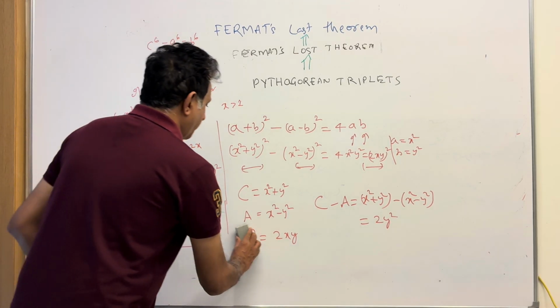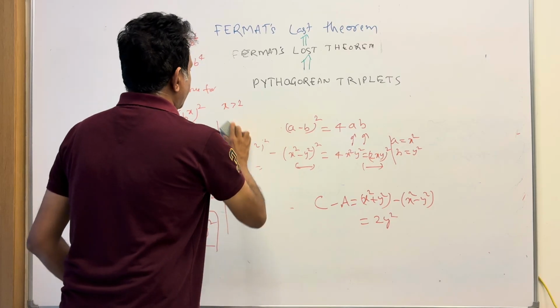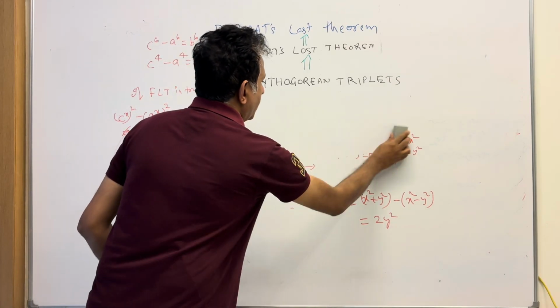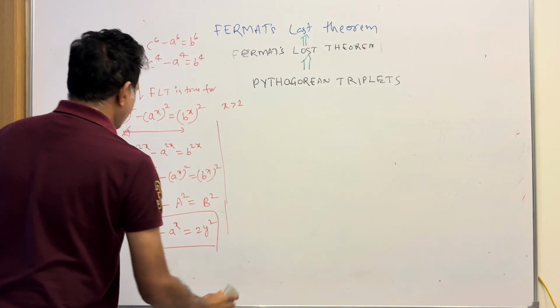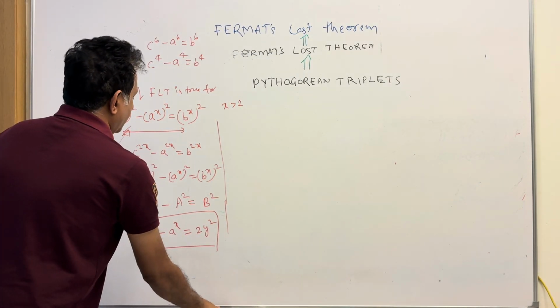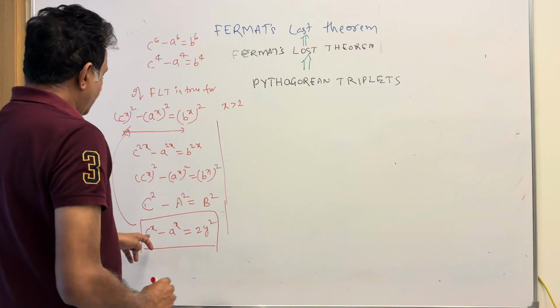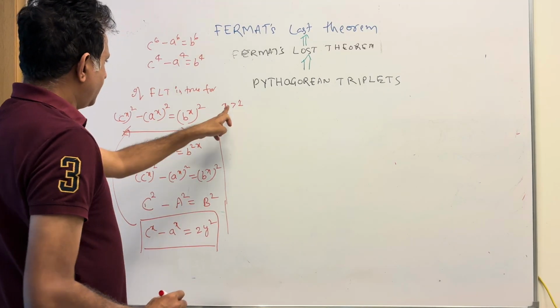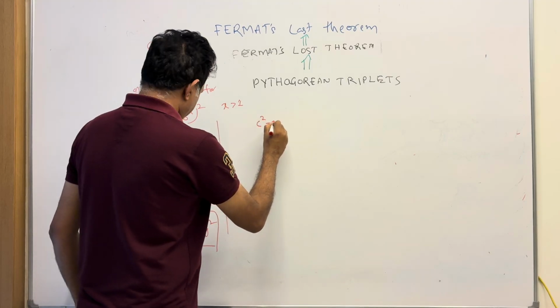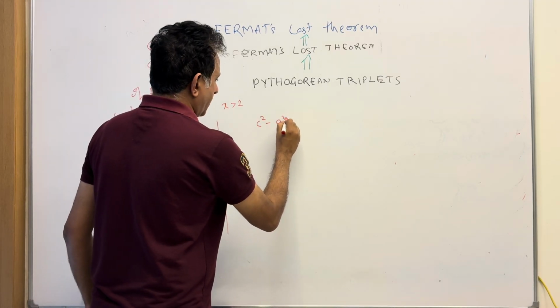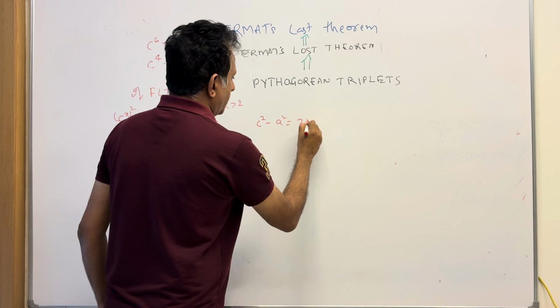Okay, I'm going to rub all this off. For example, you take x greater than 1, right? Let us try to find whether you have c square minus a square equal to 2 into y square.